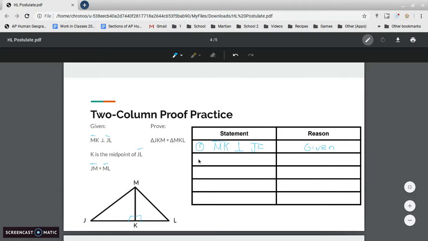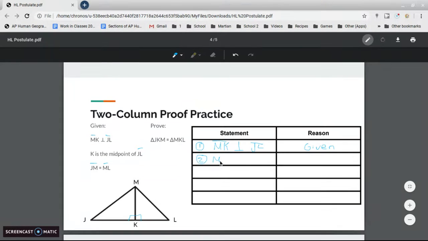Alright, the next part is that K is the midpoint of segment JL. What would that look like? Well, we know if there's a midpoint, it makes the two segments that it's in the middle of congruent.